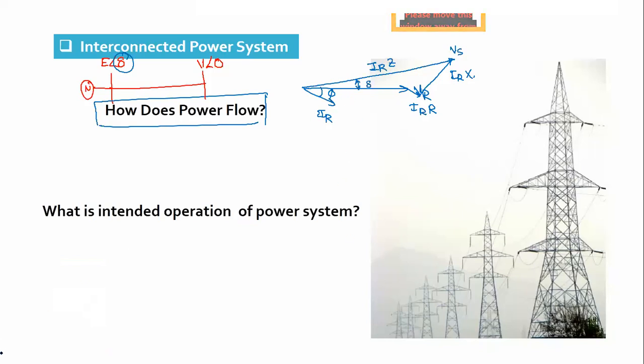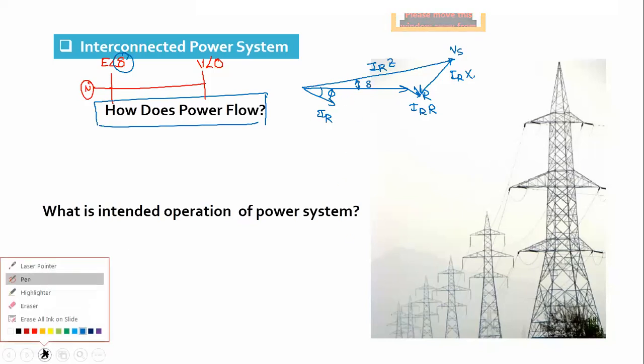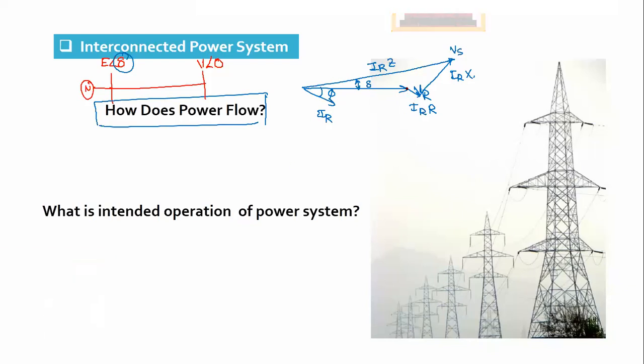And as the load increases on the line, this drop increases, and because of the increase in delta, let's say this is delta 1, delta 2. So P1 is Vs Vr / X sine delta 1.